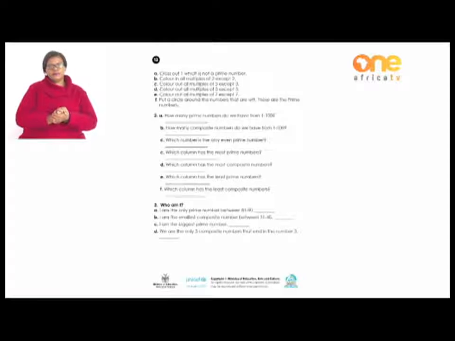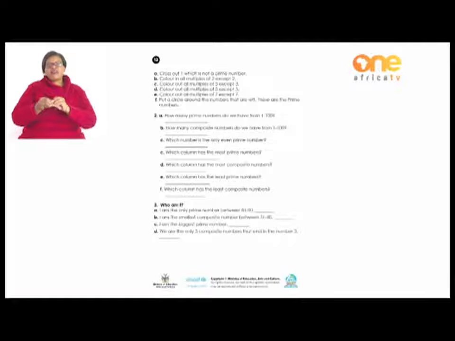Now, once you are done, at least up to E, you're going to notice certain things. You will notice that some numbers are colored and some numbers are not colored. So what does that mean? All the numbers that are not colored are your prime numbers. Okay? And if we look at question F, it says, put a circle around the numbers that are left.